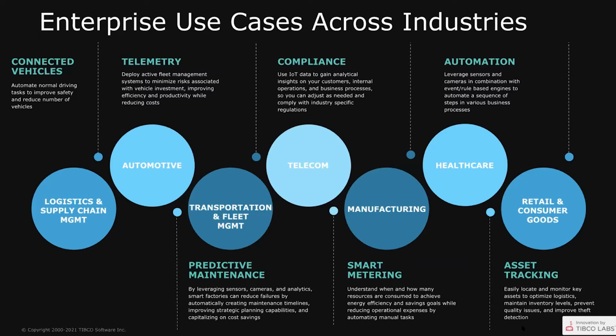Also, in terms of retail and consumer goods, you can do better tracking of your assets, because then you are generating data right at the edge, meaning that you don't have to go and enter it yourself, right? It's captured and generated by the devices themselves.